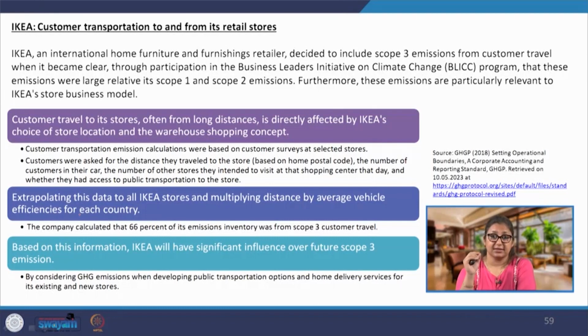One last example that I am going to take here today is that of IKEA. So, IKEA here, what we have shown is that they also considered the customer travel to IKEA stores as part of scope 3. IKEA as a business was concerned about this, and the choice of location of the store.